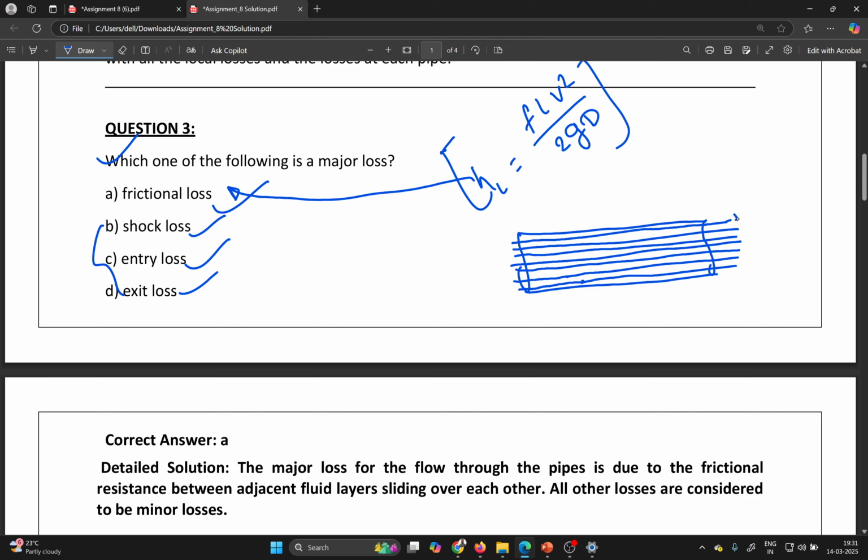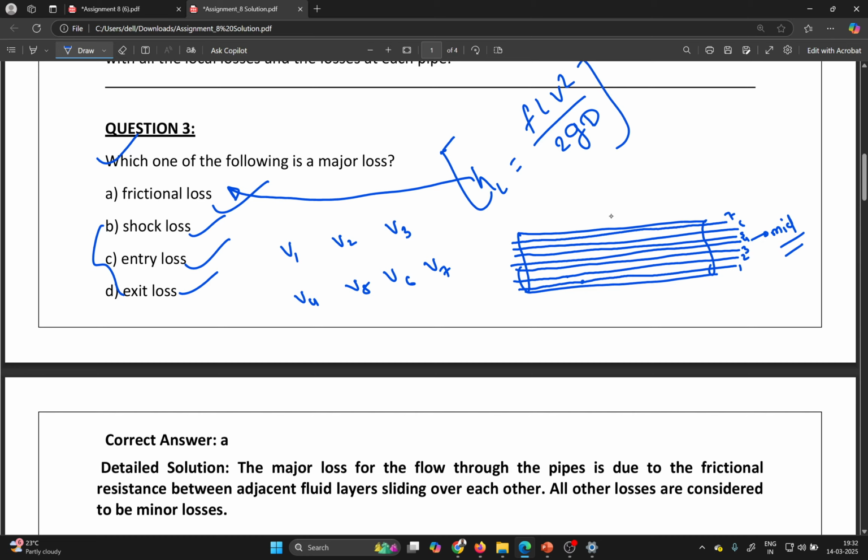This is one, this is two. Let me write it in a different way. This is 1, this is 2, this is 3, this is 4, this is 5, this is 6, this is 7. Just assume here 4 is in the middle. So I want to write V1, V2, V3, V4, V5, V6, V7.